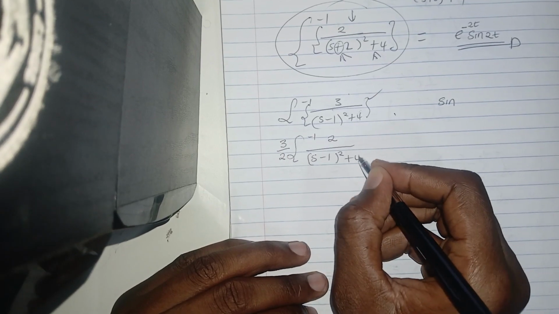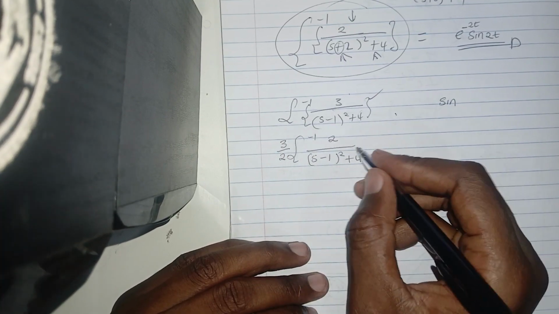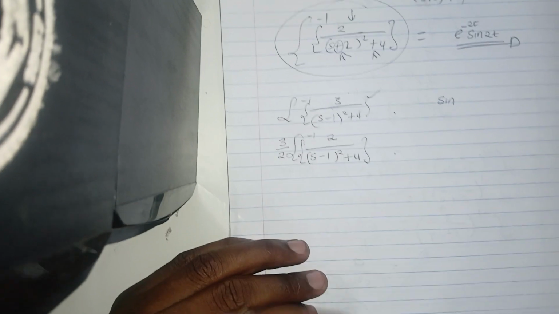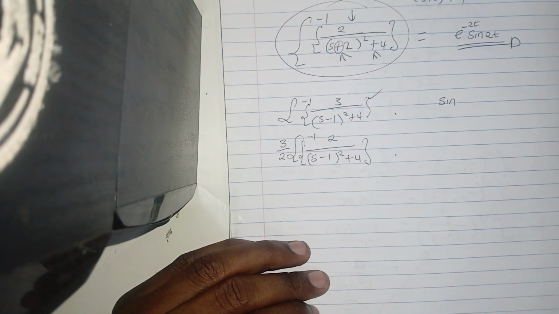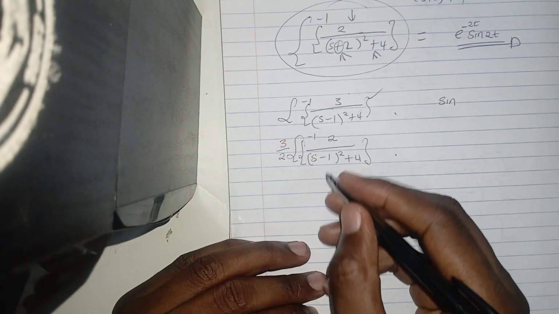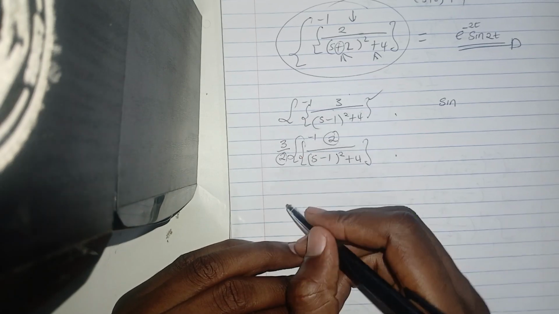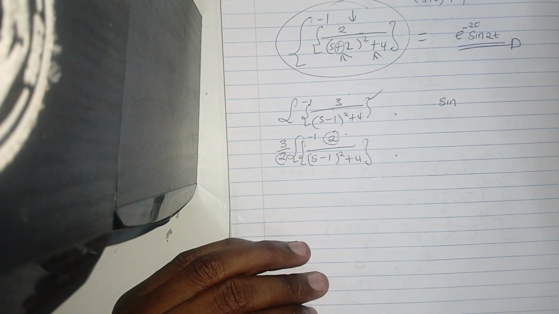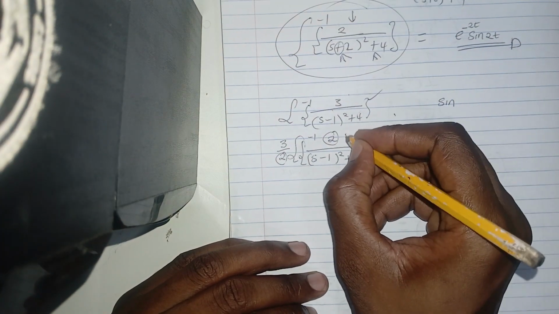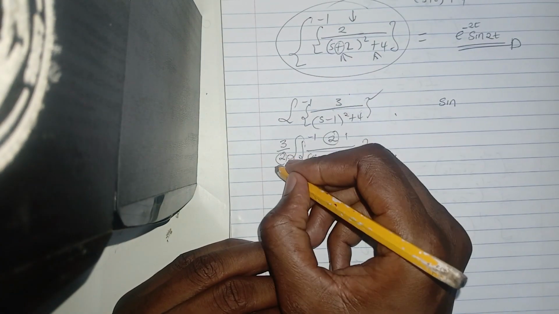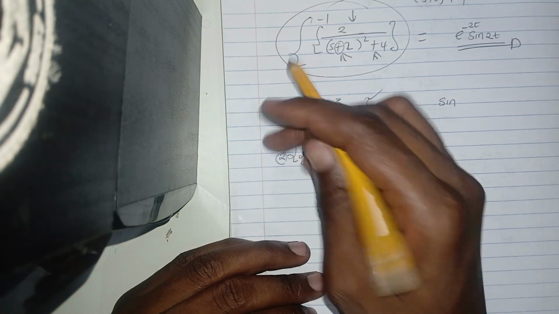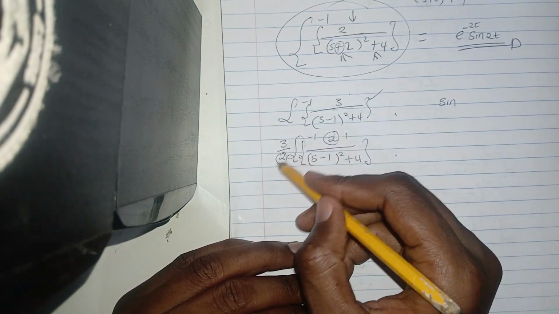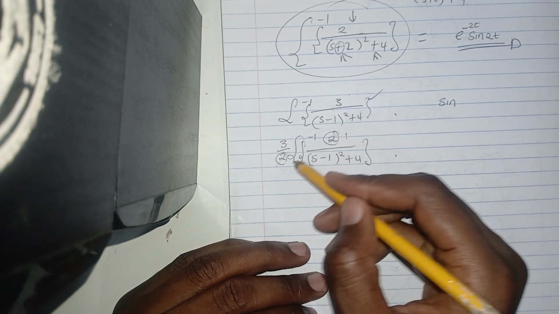Now that there is 2 here and 2 here, here it's 1. This is 1 because there is nothing here, because this 2 is just here. So if we multiply to take this back, they're going to cancel out, right?